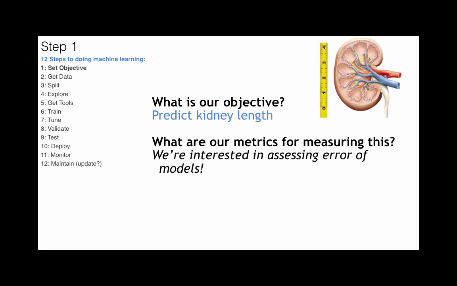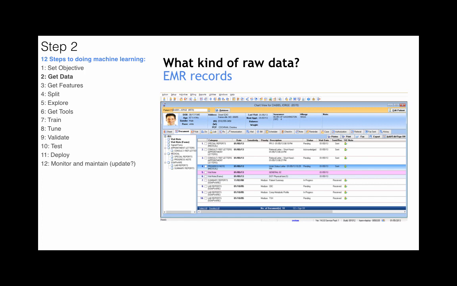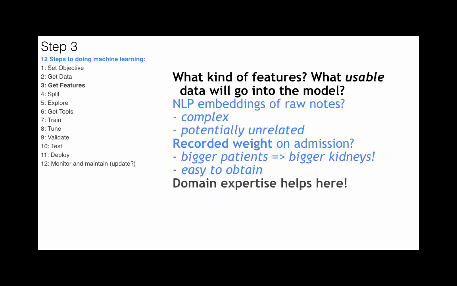So, predicting kidney length. That's our objective. Now, I already told you a little bit about the data that we have access to, but even if you just think through this, you want to do this for EMR records, right? So you're going to have access to certain things. So you have some EMR, you have some person here. That's our input. And so from this EMR data, we have access to a whole bunch of things that might have relevance to kidney length. Some of them might be free text notes, right?